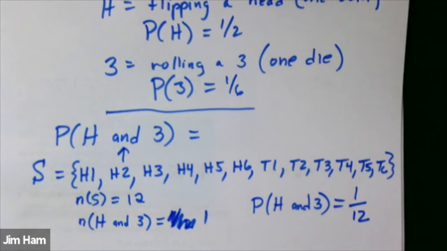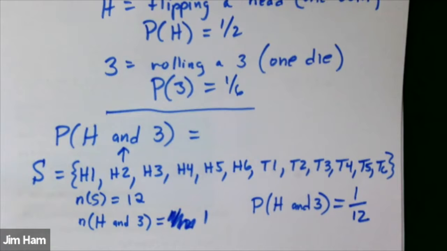Independence means, if you knew the outcome of one of the events, would it change the probability of the other one? In this context, we know that the probability of getting a 3 is 1/6. But what if we flipped the coin first and the coin came up heads? Would that change the probability of getting a 3 on the roll of the die?